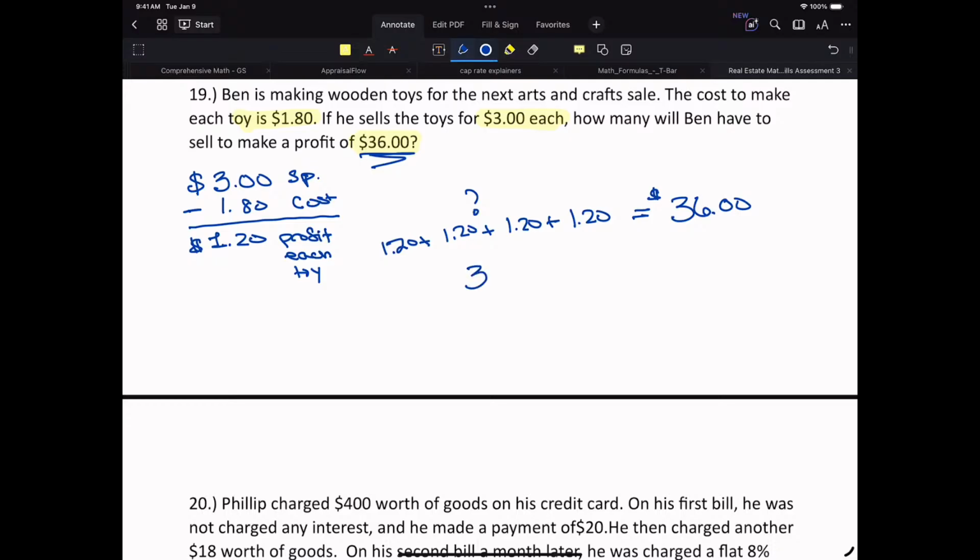You would just say, if I want to make $36, but I'm grouping that into $1.20, I need to know how many $1.20s go into 36. So 36 divided by $1.20 means he needs to sell 30 toys. Make sense? I'm hoping so.